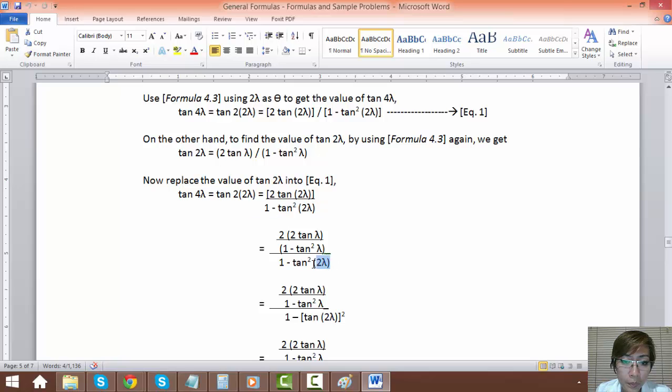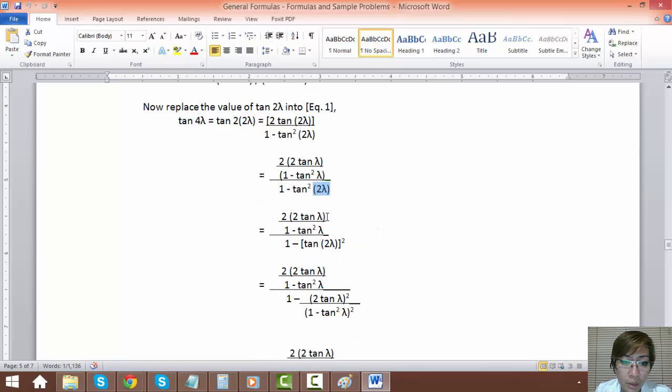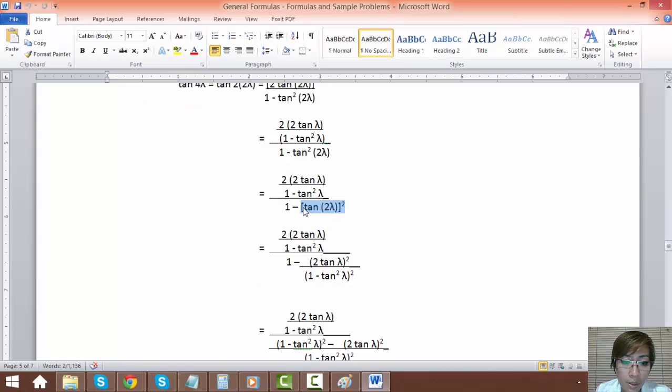So we have to remember that tangent squared 2 lambda is also equal to tangent 2 lambda squared. Do not be confused with that. And next is to simplify this one, tangent 2 lambda squared, into this orientation, following the value of tangent 2 lambda.